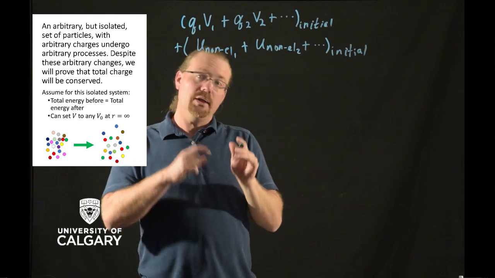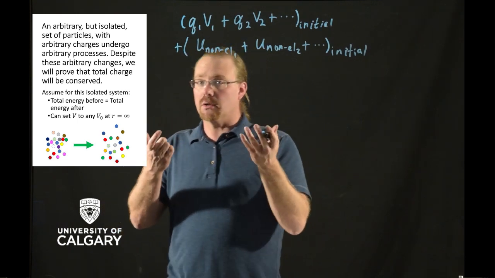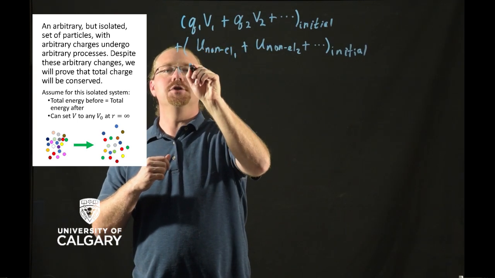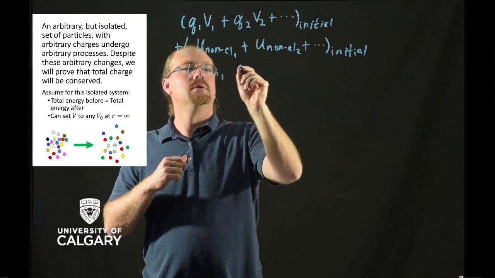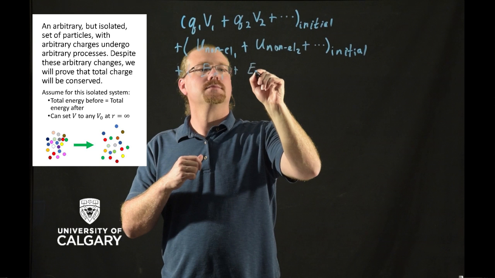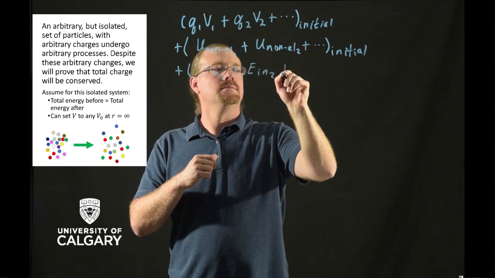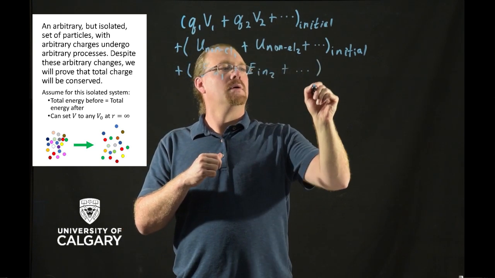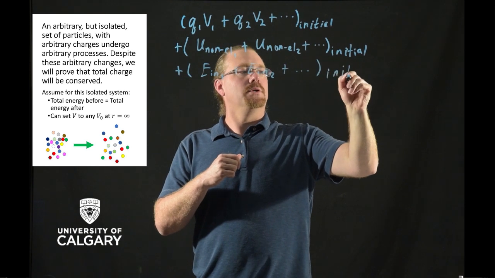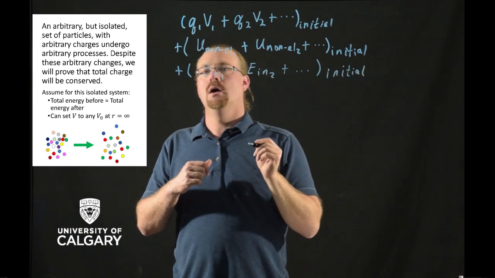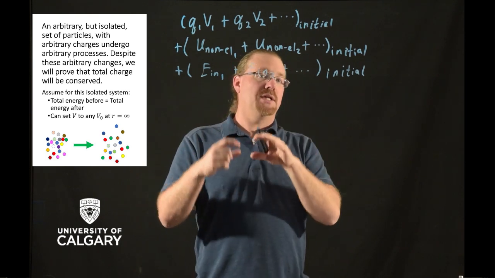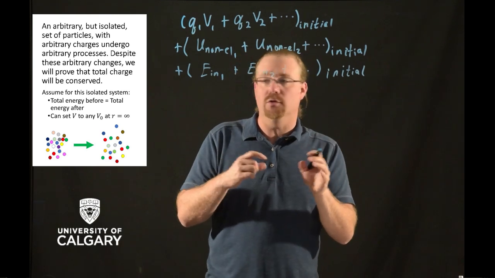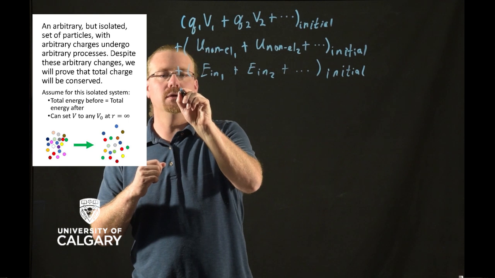All right, well, in addition to potential energies, we could also have internal energies. So the internal energies that we have, and those are, once again, the initial energies. And then, of course, it's not just a matter of internal energies and potential energies. We could have things moving around, so there could be kinetic energy associated with this as well.